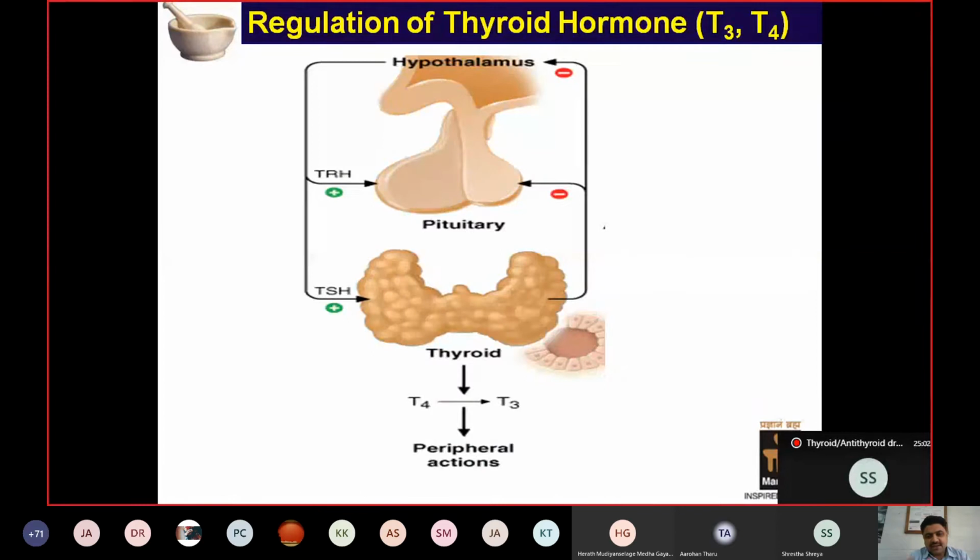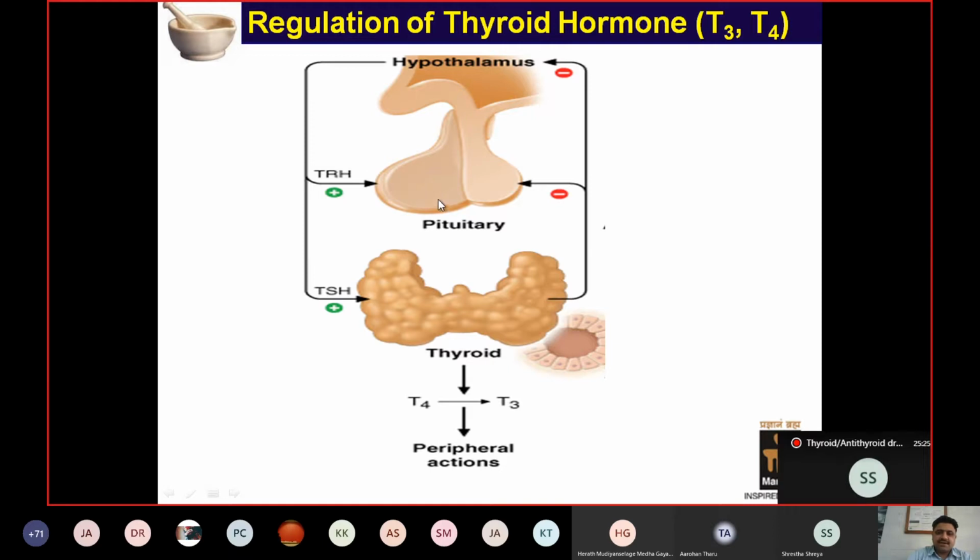This is again the same thing shown in a diagram so that you can remember. The hypothalamus releases thyroid releasing hormone into the blood, and through the blood it comes to the anterior pituitary gland, which is stimulated with TRH.